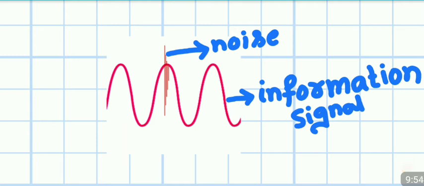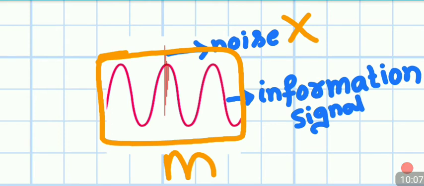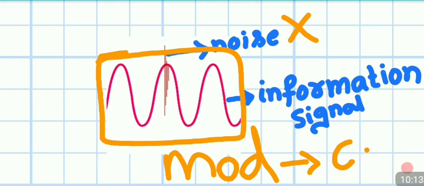So when I do modulation on the information signal, it will have a protection against noise. Noise can be avoided by using modulation. When I modulate the information signal with a carrier signal, the noise and interference can be avoided. So that is what he says in the fifth point of the need of modulation.